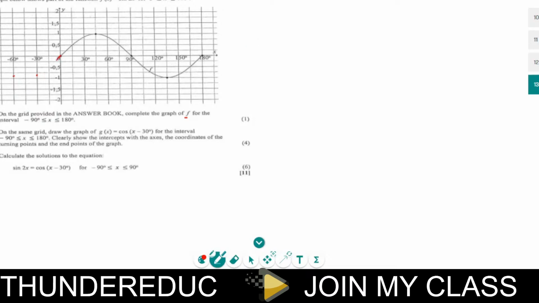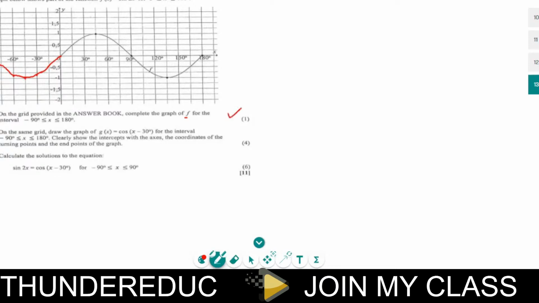So I'll just complete this, pass through that point, and then I need the maximum point somewhere here. So here is our maximum, and our minimum point there. Then the graph is complete.